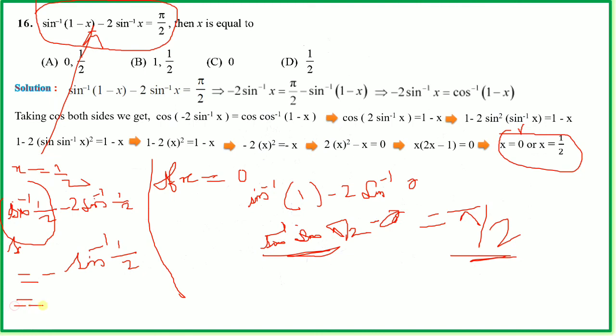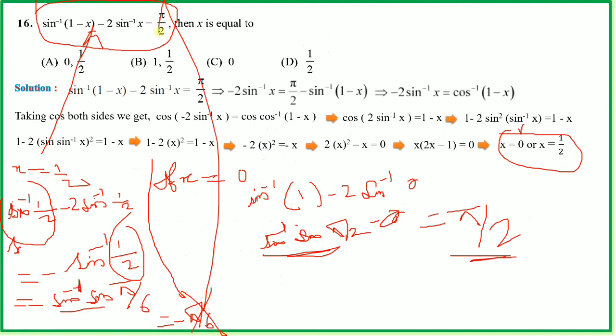Sine of what angle gives 1 by 2? Sine pi by 6 gives 1 by 2. So now sine and sine inverse cancel, and we will have minus pi by 6, which is not our right hand side. Therefore x is equal to 1 by 2 is not a valid value for the question.